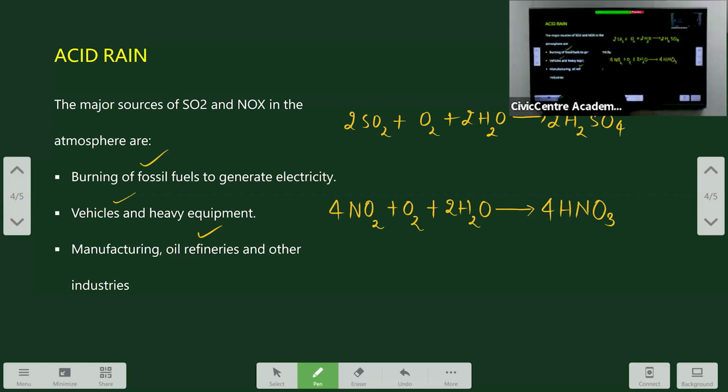We can also see that the sulfur dioxide in gaseous form, when combined with oxygen and water vapor, produces sulfuric acid. In the same way, when nitrous oxide is combined with oxygen and water vapor, it tends to form nitric oxide.